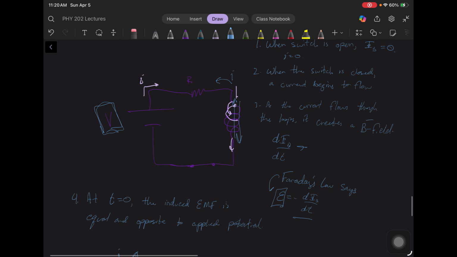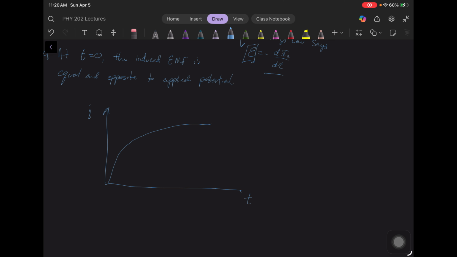Okay. And so for the inductor, our flux linkage was equal to the inductance times the current. And then Faraday's law tells us that the EMF is negative N dΦ_B/dt. I put the N inside here so we can kind of mimic what we have.